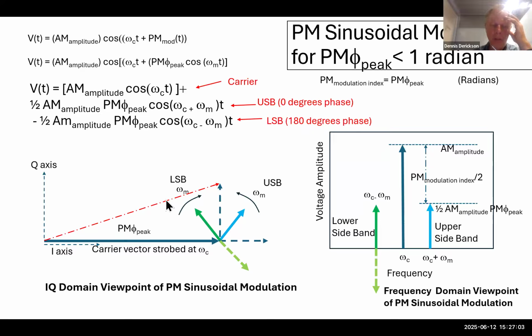And so this resultant vector will go from positive to negative in a phase modulation kind of peak. And the angle right here is just going to be the peak phase deviation you have in your modulation. That's the angle that you'll have for this phase modulation. This is the IQ domain viewpoint of phase modulation.